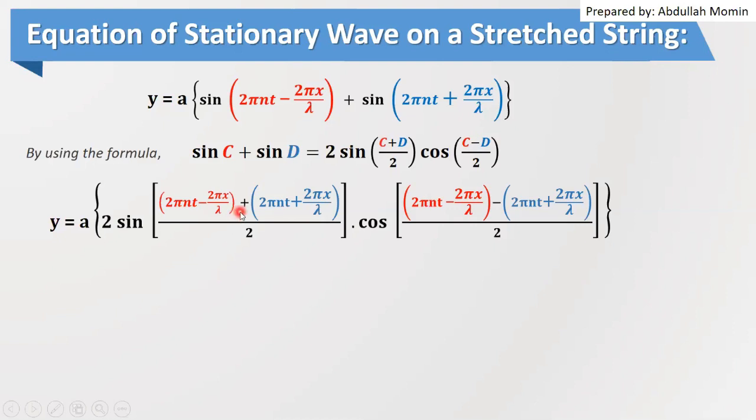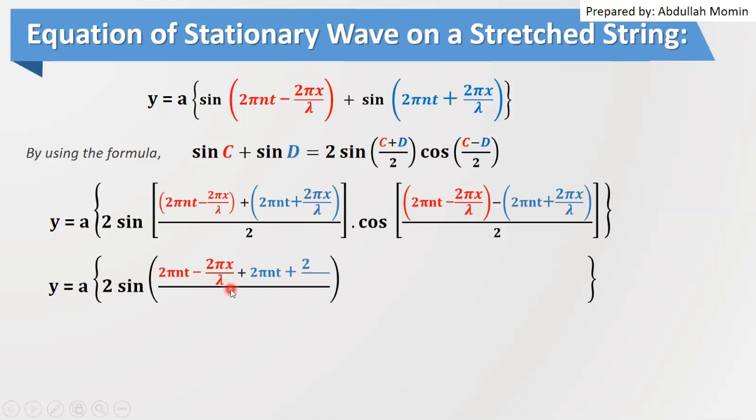Now this plus sign, we will multiply with this blue bracket, and we are going to multiply this minus sign with this blue bracket. So this term can be rewritten as y is equal to a 2 sin (2 pi nt minus 2 pi x upon lambda plus 2 pi nt plus 2 pi x upon lambda) divided by 2, into cos (2 pi nt minus 2 pi x upon lambda) written as it is.